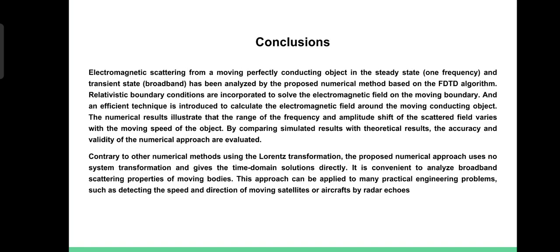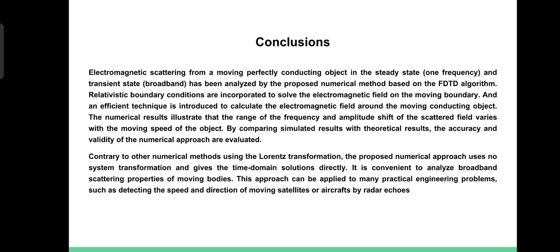Relativistic boundary conditions are incorporated to solve the electromagnetic field on the moving boundary, and an efficient technique is introduced to calculate the electromagnetic field around the moving conducting object. The numerical results illustrate that the range of the frequency and amplitude shift of the scattered field varies with the moving speed of the object. By comparing simulated results with theoretical results, the accuracy and validity of the numerical approach are evaluated.